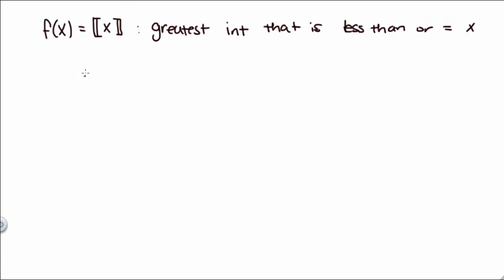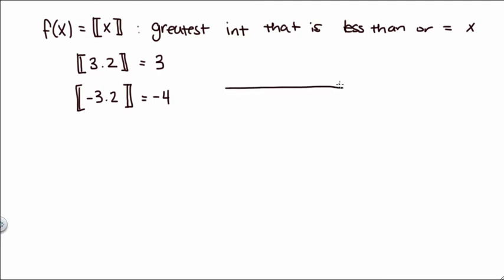Okay, so for example, the greatest integer of 3.2, it's the greatest thing that's less than 3.2, right? Greatest integer that's less than 3.2, so it's 3. For negative 3.2, it's the greatest integer that's less than or equal to negative 3.2, so that'll be negative 4.